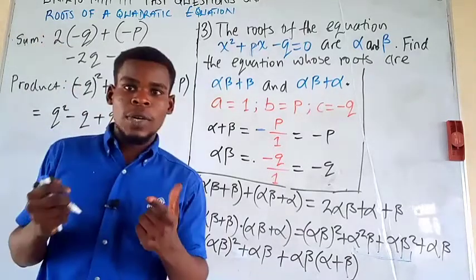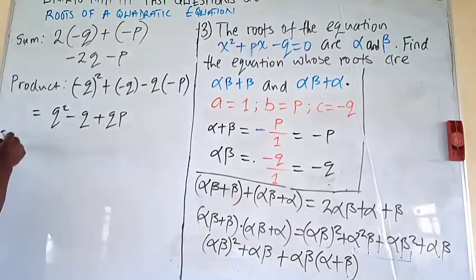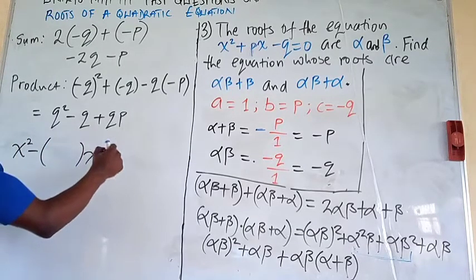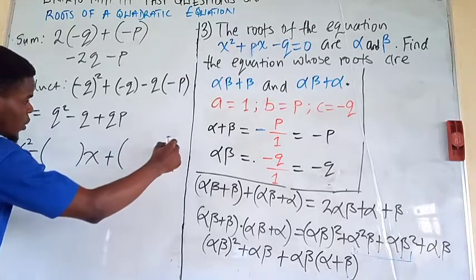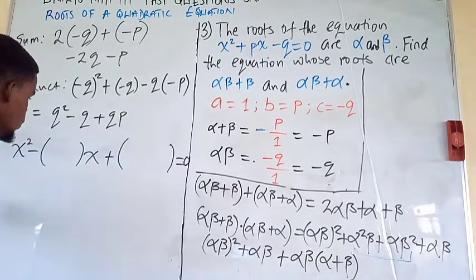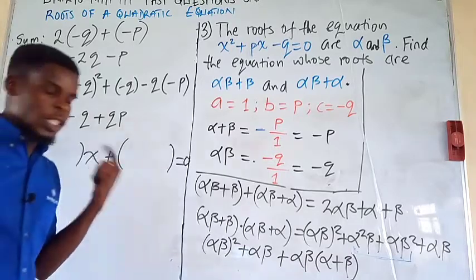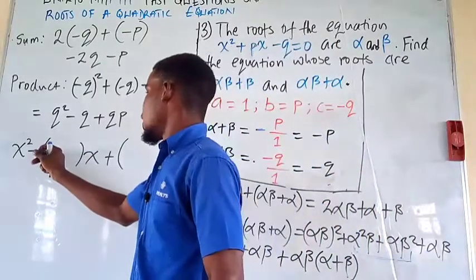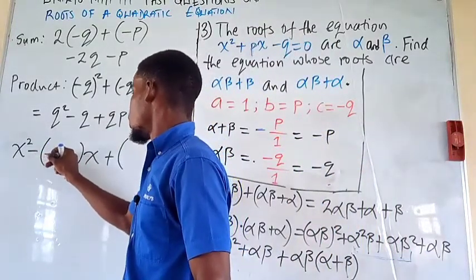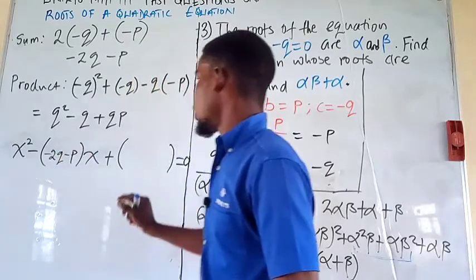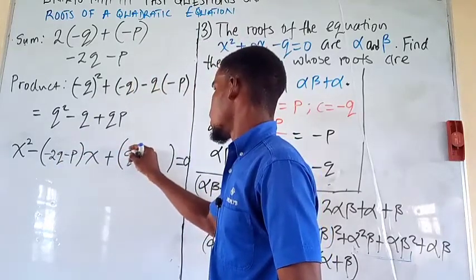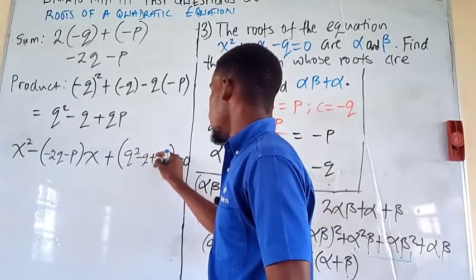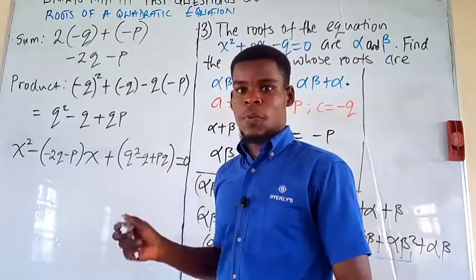So that means that the new equation will now become, now look at this, x squared minus the sum x plus the product equal to 0, right? X squared minus the sum of the roots plus the product of the roots equal to 0. So the sum is now negative 2q minus p, and the product is q squared, right, minus q plus pq is something as qp.